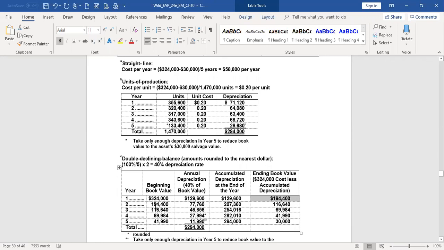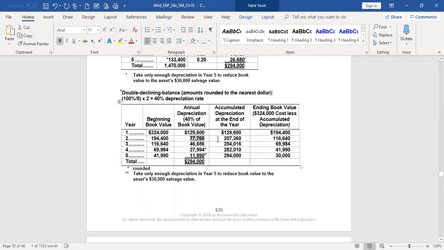To calculate year two's depreciation expense, use your new book value at the end of year one times 40% to give you $77,760. Sorry for these things popping up. Let's do this so we're out of there. When you record your journal entry at the end of year two, you will be crediting accumulated depreciation, increasing it to $207,360.